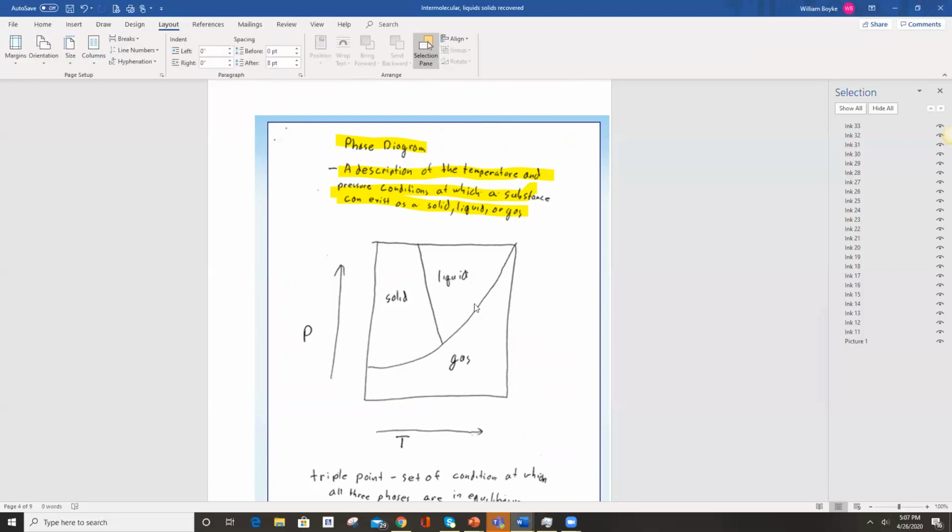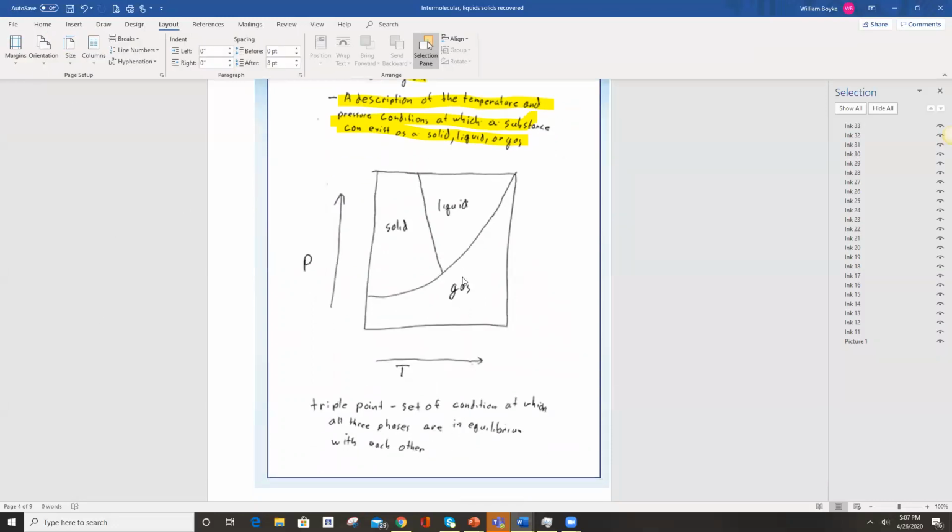So there are some key things that we're looking at here. One of the key things is something called a triple point. The triple point is a set of conditions at which all three phases are in equilibrium with each other. That's where all of these hit. If I circle that in here, you can see that's the spot where they all hit.